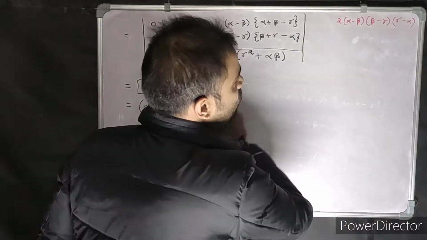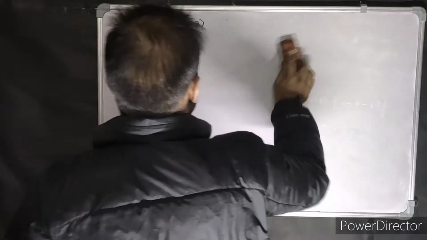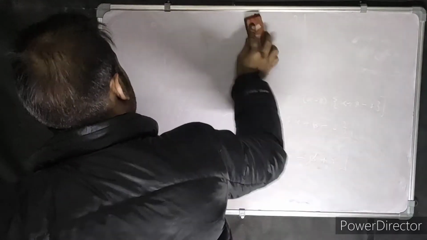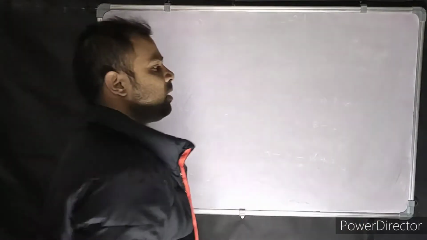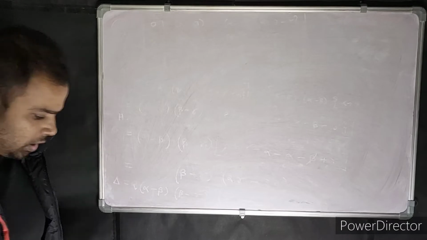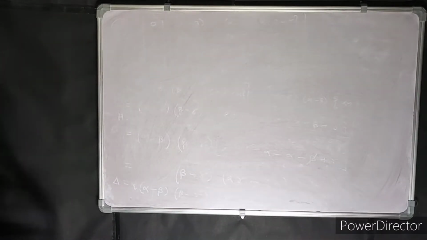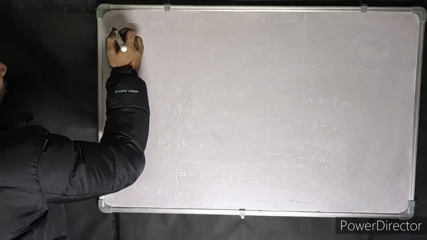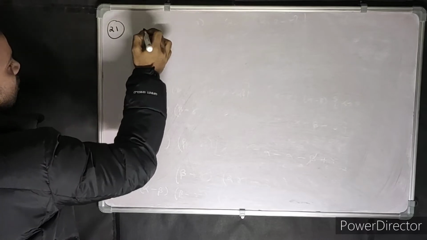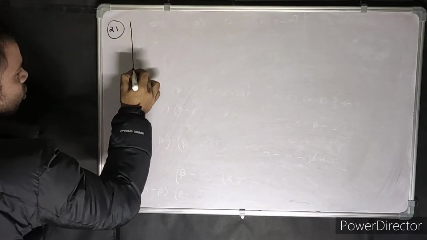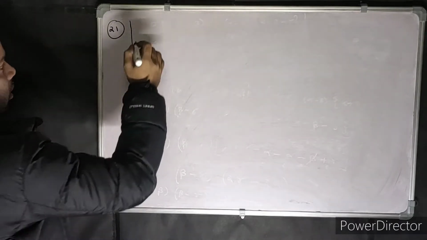Okay, and try and keep this question last, because question number 21 is not a very small question, it's a long one, okay? So we have to try and split the time up so that we don't get confused and we can understand. So this is question number 21.